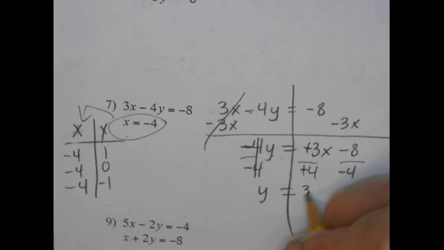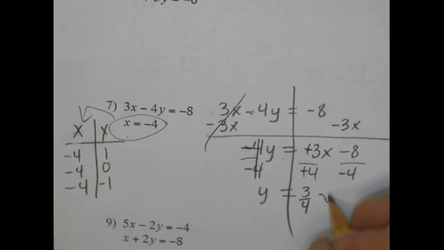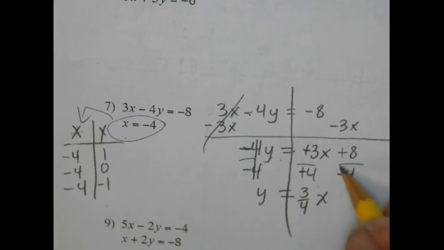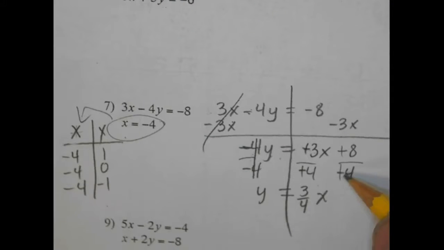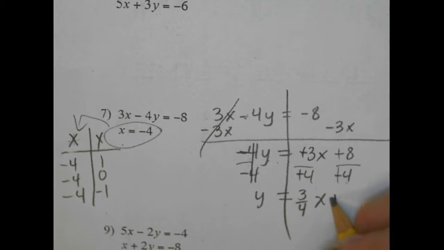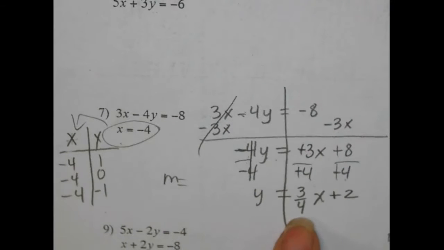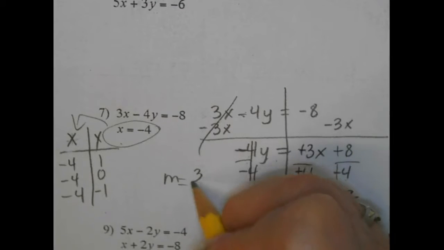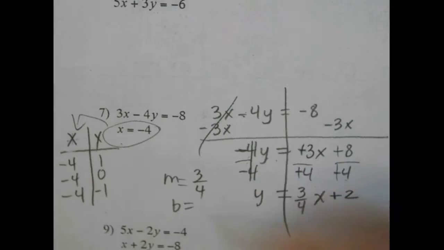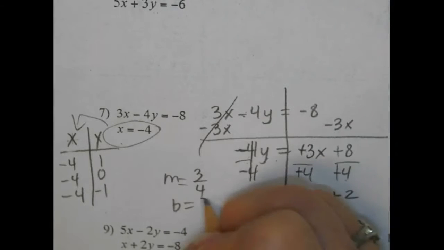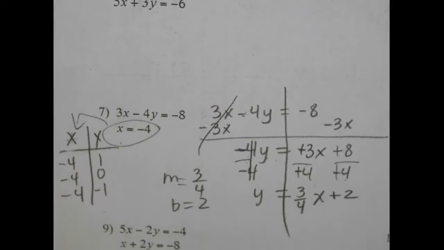So now I have 3 over 4 times x. And what is a negative divided by a negative? Again, they become positive. 8 divided by 4 is what? 2. Plus 2. So what is m now for this equation? 3 over 4. And what is my b? 2. So now I can graph both of my equations, right?